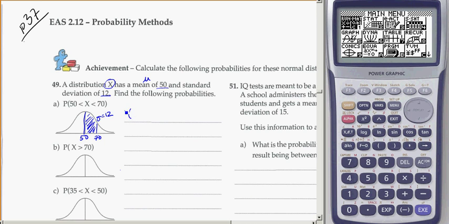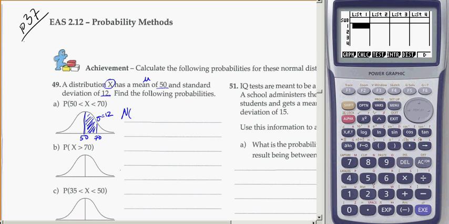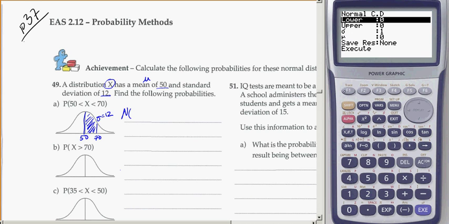So in my calculator I might put in, let me go here to distributions, so into stat, into distributions, and into normal, and it's going to be in CD. My lower limit here is 50, my upper limit here is 70, my sigma is 12, and my mean is 50.